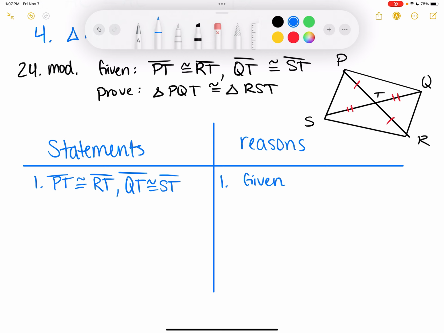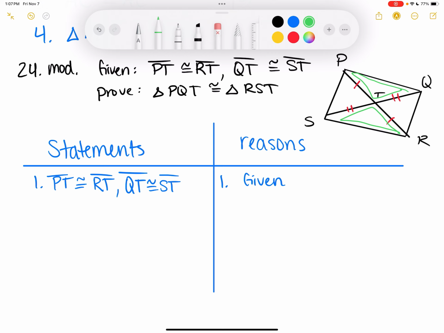So I either need to prove that, according to what I know up to this point, all 3 sides of both are congruent, or that I have a side, an angle, and another side. And I'm trying to prove PQT, so that's this triangle right here, is congruent to RST, so that's this triangle right here.